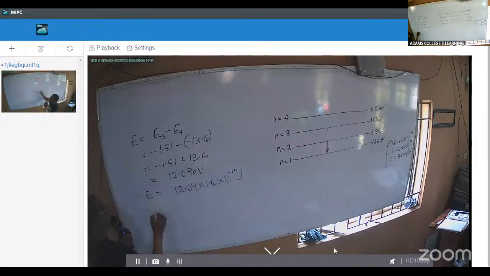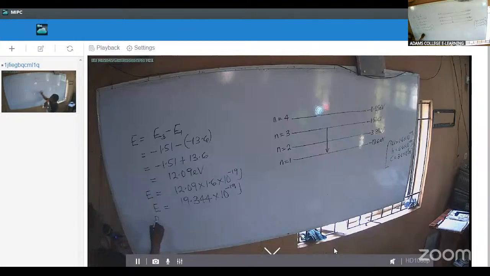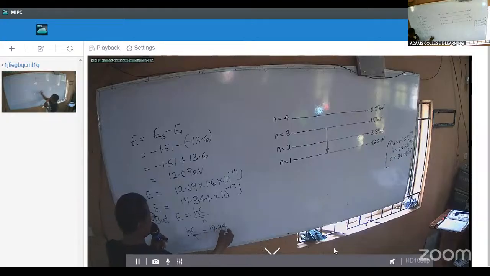What would that give us? 12.09 times 1.6 is 19.344 times 10 to the power minus 19 joules. But our energy is hc over lambda. So we have hc over lambda equals 19.344 times 10 to the power minus 19. What do we do? Cross multiply.